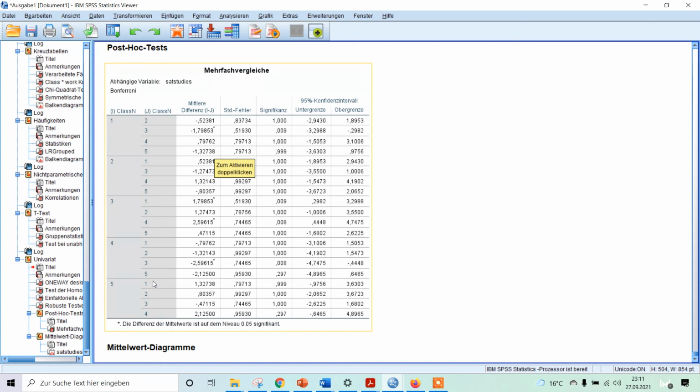And here, this is your class, and the differences to the other classes are not significant. There are differences here, for example, to Alba, a difference of 2.1, but it is not significant. I think that is because we only had 8 students in Alba and 8 students in your class. As I already said, if you have small samples, then you need a very big difference to be significant.